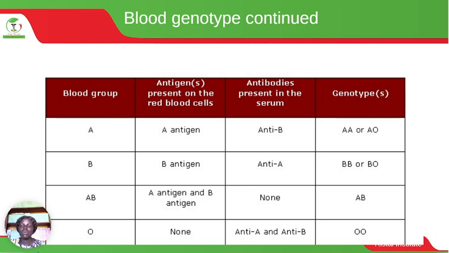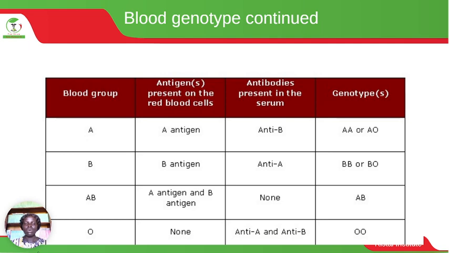This means the parents either both had blood group A, or one parent had blood group A and the other had blood group O. That is why you end up with A. Then with AB, for you to have an offspring of AB, the parents might have AB, or the person has AB in his blood, so when you test, you will find that he has AB.